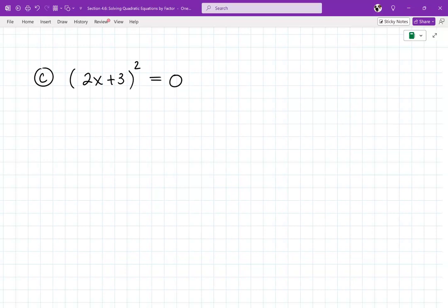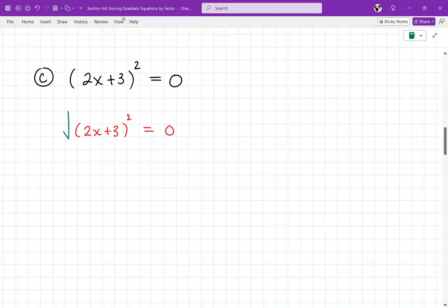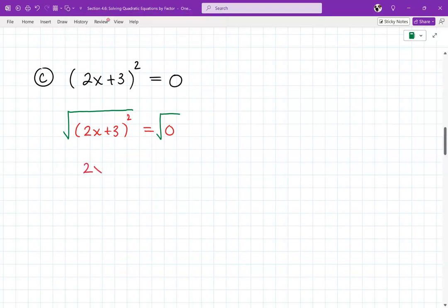That's how we get rid of a square. So that power of 2 disappears, and we get 2x plus 3. And the square root of 0, well, that's 0.